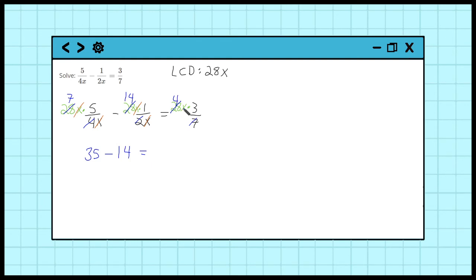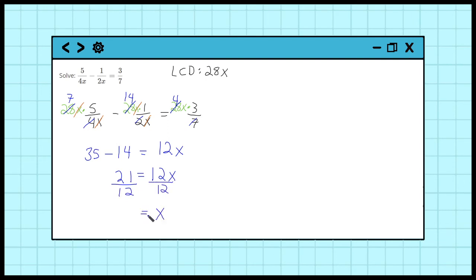So now I have 4x times 3, which is 12x. At this point, we can see that this is a much simpler problem. Now I just have a combine-like-terms step, which is going to be 21, and then I have equals 12x. I'm going to then divide both sides by 12 to get x by itself.